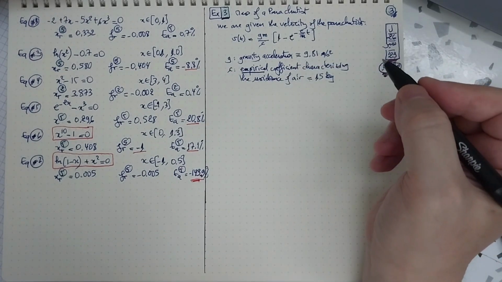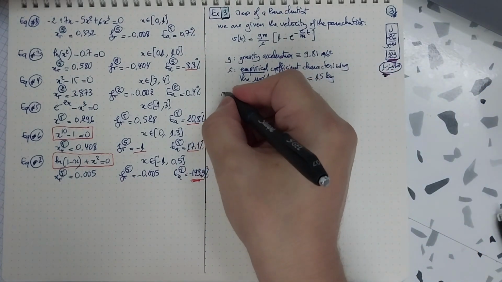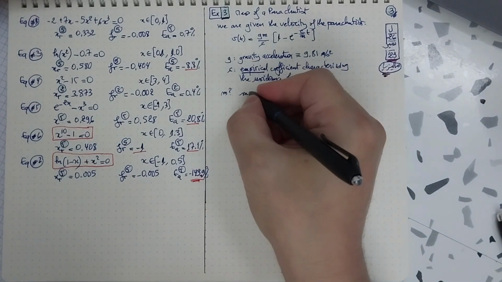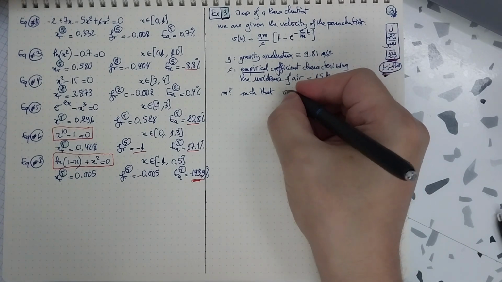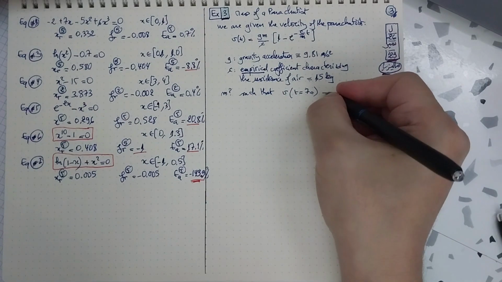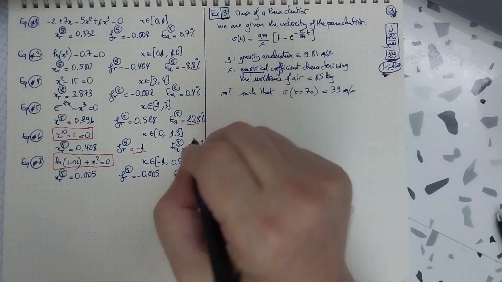Okay. And what is our goal? Our goal is to find the mass of that parachutist such that the velocity at t equal 7 seconds must be equal 39 meter per second.